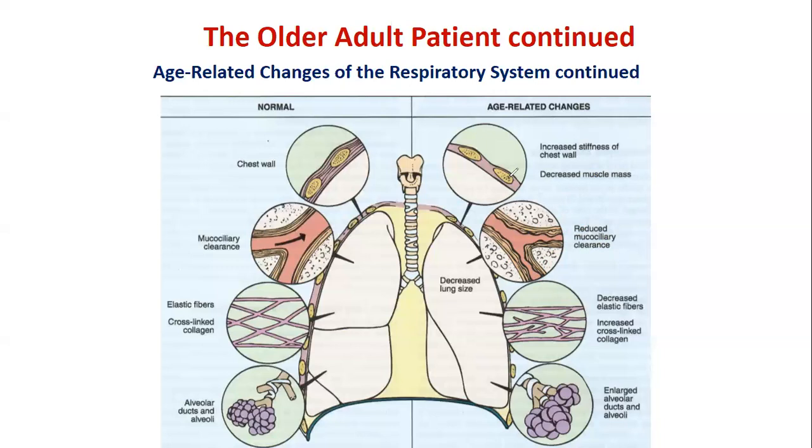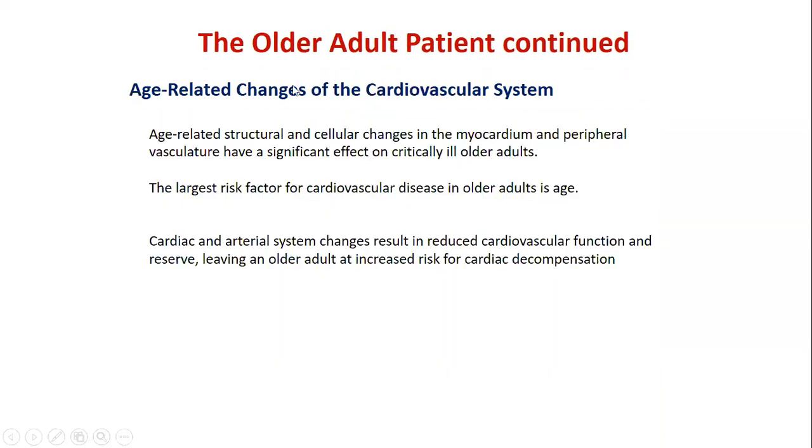What next? Is there a change in the cardiovascular system? So structural and cellular change in the myocardium and peripheral vascular level have a significant effect on the critically ill older client.